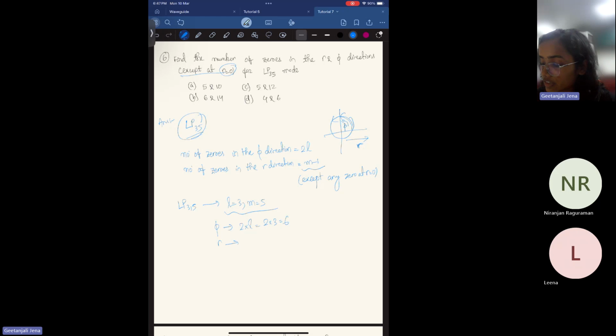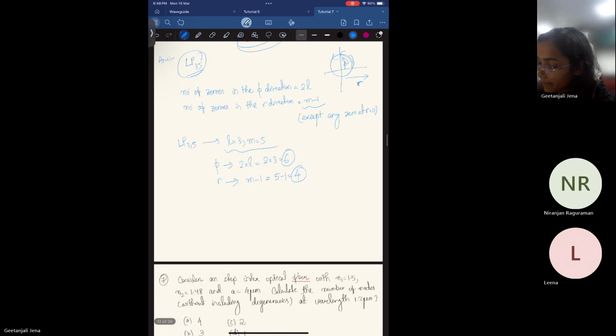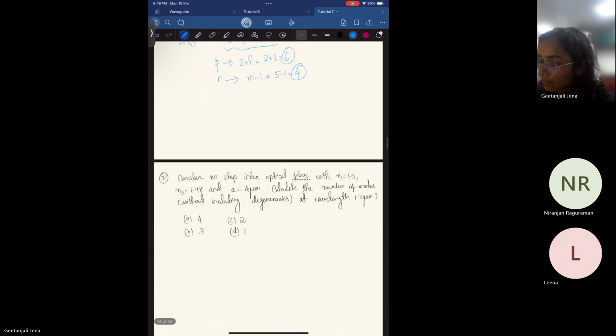And in the r direction, we have m minus 1, which is 5 minus 1, which is 4. So we'll have 4 zeros in the r direction and 6 in the phi direction for this mode profile. So the answer would be D, 4 and 6. Okay.